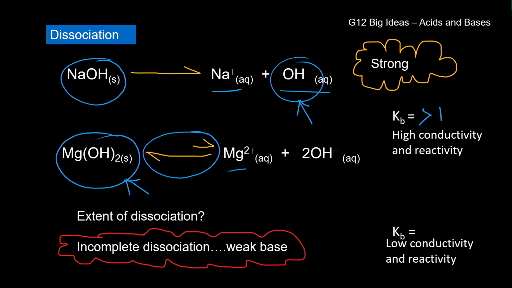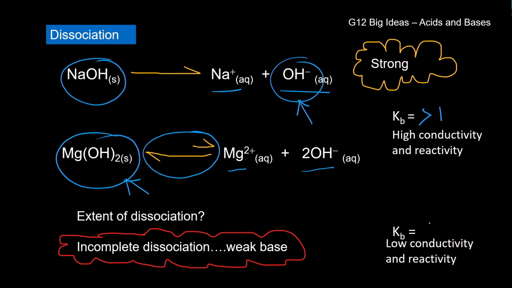Magnesium 2+ and the 2OH- ions are low in concentration. What about this? The extent of dissociation is poor. It does not dissociate completely, whereas the sodium hydroxide does. So sodium hydroxide is strong. Magnesium hydroxide is a weak base because its extent of dissociation is poor.